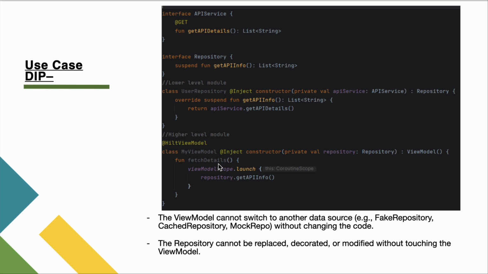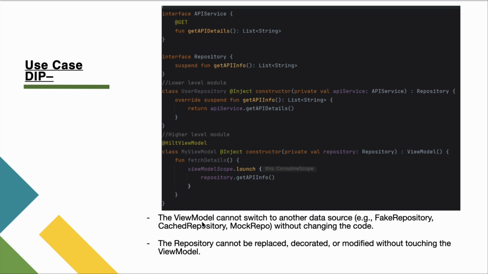Now assuming the view model class is injecting the object of the user repository. Instead of the repository interface, what if I use the repository class object itself directly? I'm trying to inject here the user repository.